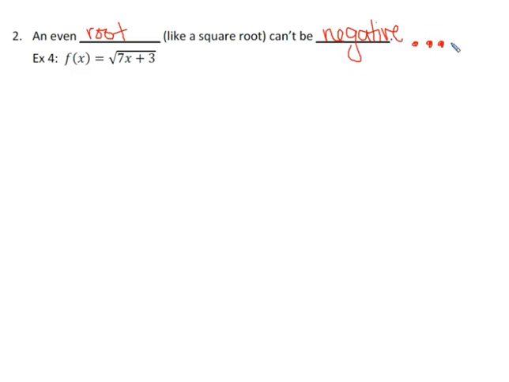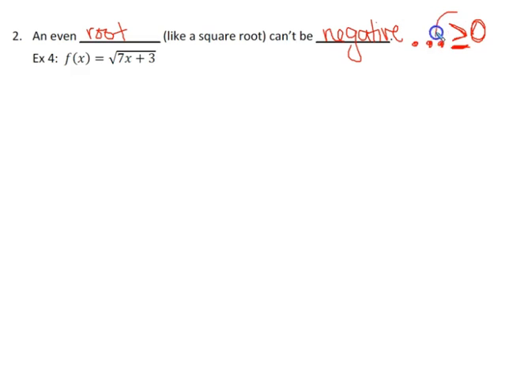So for our domain, we want to focus on x values that are greater than 0, because numbers greater than 0 are positive. We don't want them to be negative, but they can also equal 0, because 0 itself is not negative. It's not positive either, it's kind of a neutral number, but we want to try to find domain values that are greater than or equal to 0.